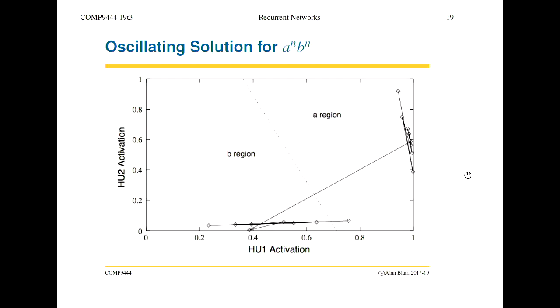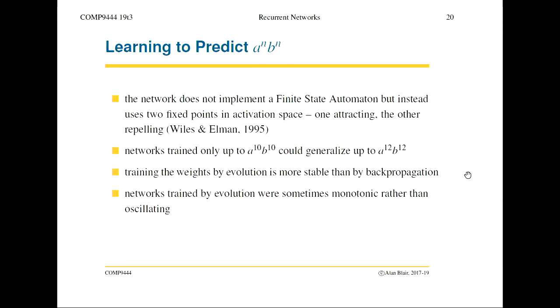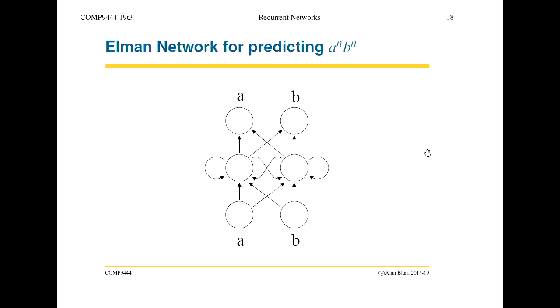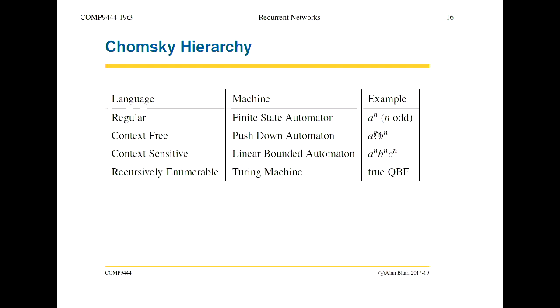So this is sort of interesting because it's able to generalize to a larger number of A's or B's than what it was trained on.